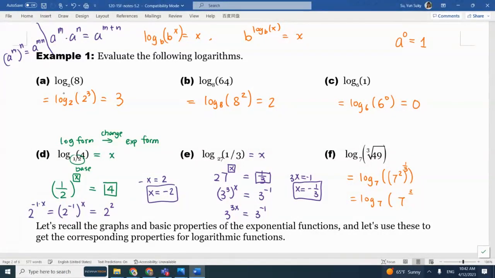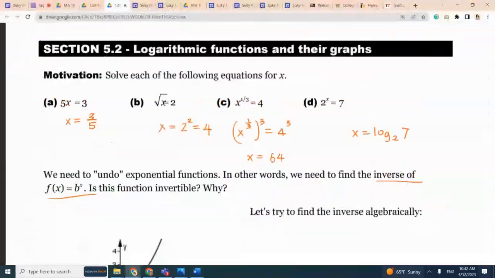Yeah, multiply. We get 2/3. So what is that? 2/3, exactly. See? So you get log base 7 and 7, they cancel, you just get 2/3. Okay. All right. Any questions about example 1? All good? All right.